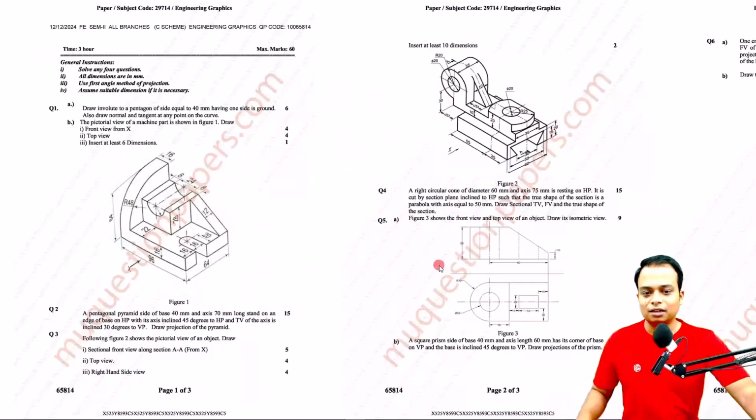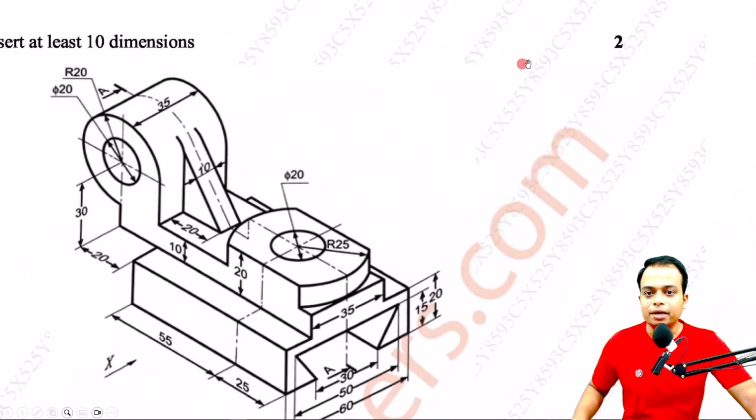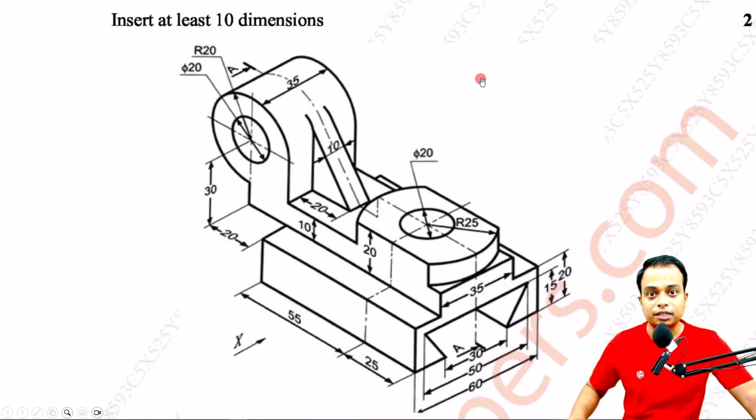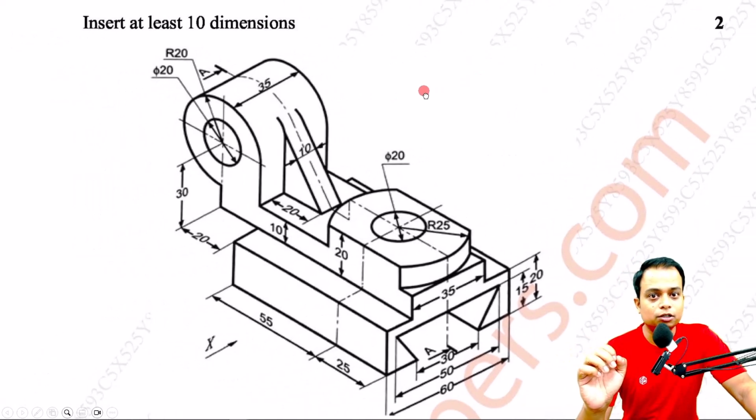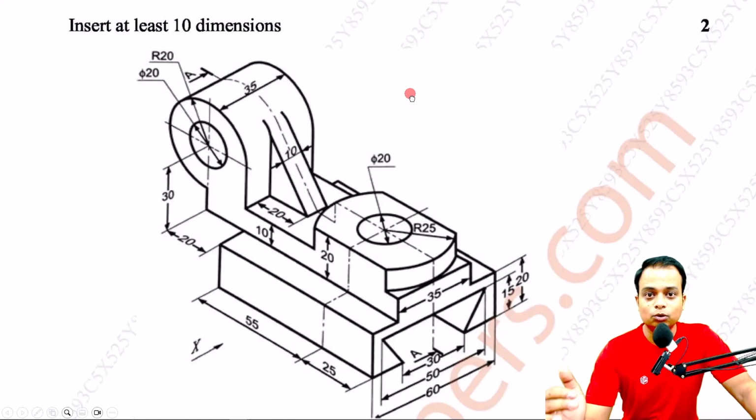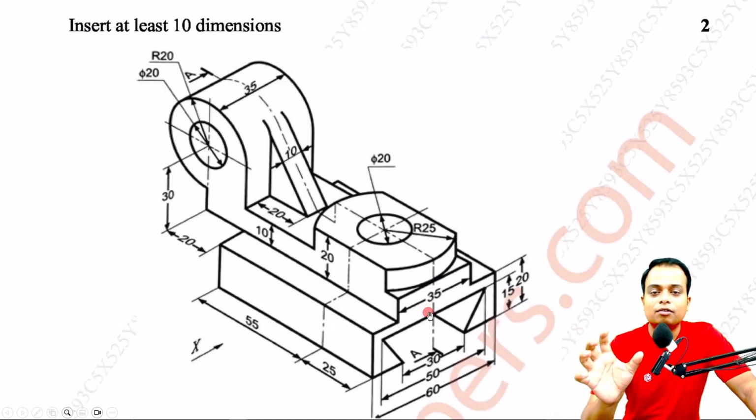Wonderful. Now let's talk about this beast of a problem from sectional orthographic, and this should only be attempted by those who have practiced at least 5 to 10 problems on this very topic. Where you cut this entire object and you make the sectional front view.